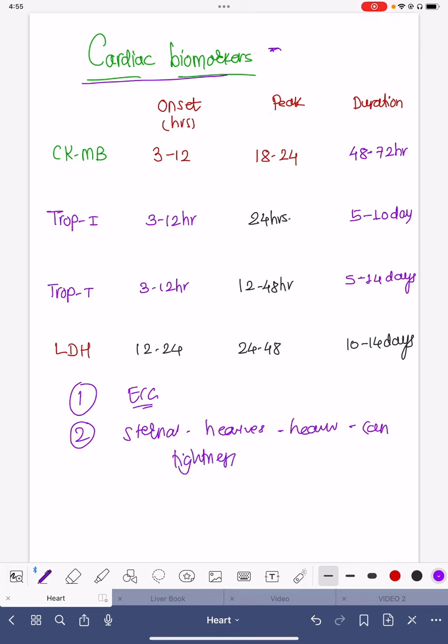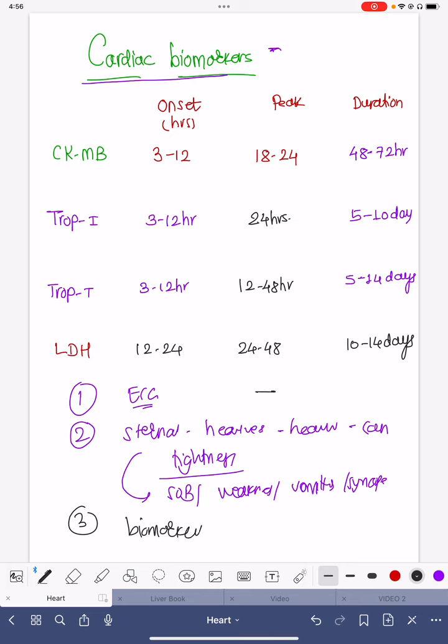If the patient doesn't have chest pain, it can be one of the chest pain equivalents, which can be shortness of breath, weakness, lethargy, nausea, vomiting, diaphoresis, or syncope. These are all chest pain equivalents. And the third thing is that the patient should have positive cardiac biomarkers. If any two of these three are present, we can label that the patient has MI.